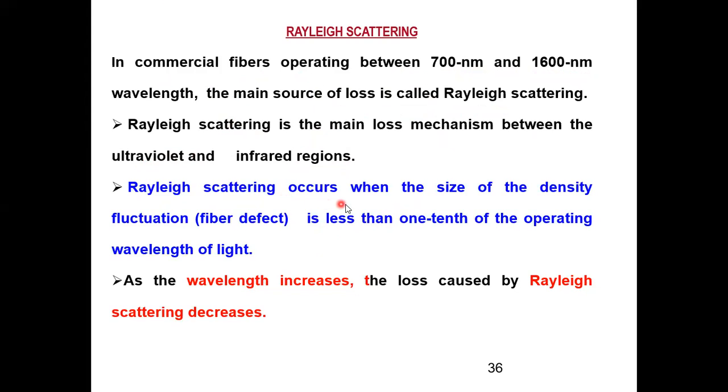Rayleigh scattering occurs when the size of the density fluctuation or the foreign particle, or you can say the defect, is less than 1/10 of the operating wavelength of light. मेरे fiber के अंदर impurity है. With that impurity, the size of the impurity matters. Suppose I have one impurity present.